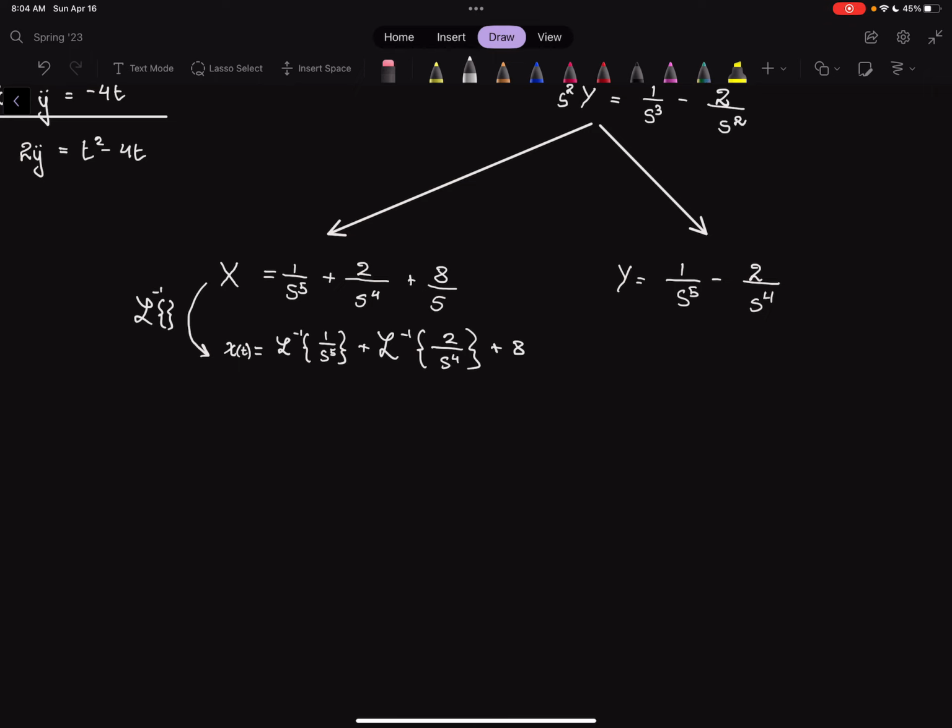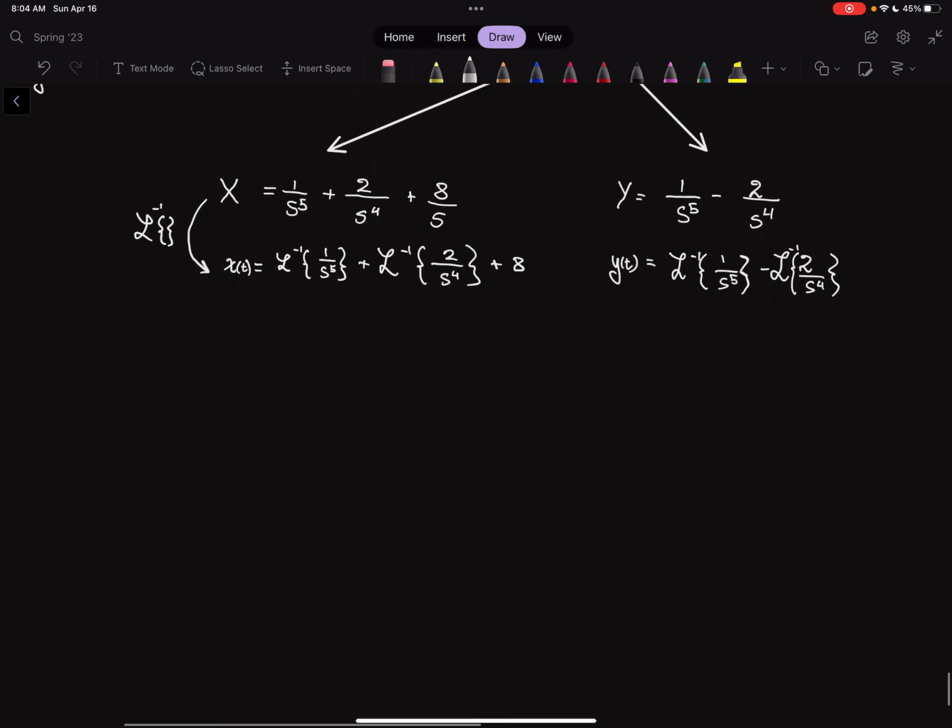It is 8 times 1, so it's just going to be equal to 8. For this guy, we have y. It's not in the s domain, it's in the t domain, is equal to the Laplace inverse of 1 over s to the 5th minus 2 over s to the 4th.